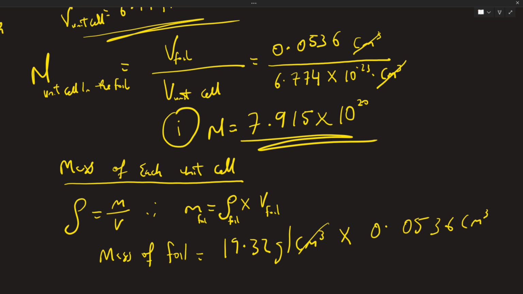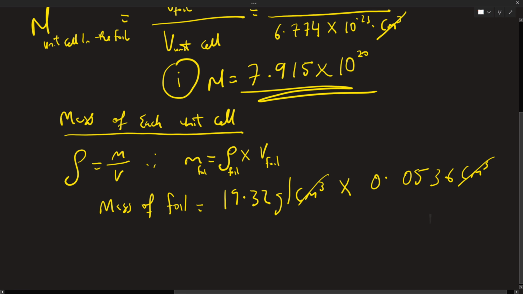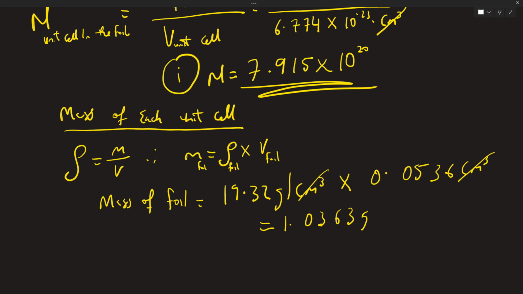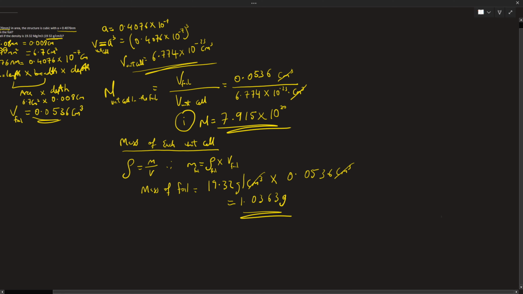So this centimeter cube cancels this centimeter cube, and when we multiply that, it becomes 1.0363 gram, the mass of the foil.